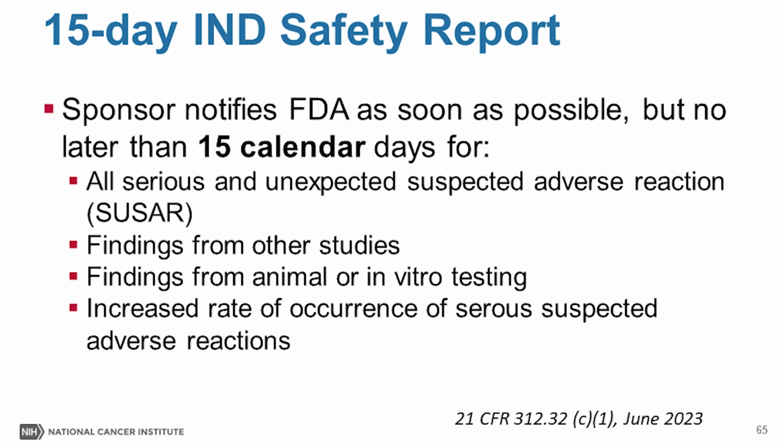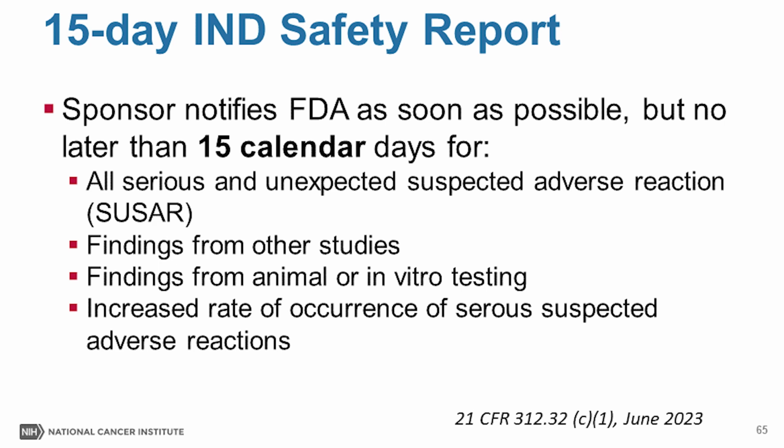The sponsor must notify the FDA and all participating investigators of any IND safety reports from a clinical trial or other sources as soon as possible, but no later than 15 calendar days after the sponsor determines that the information qualifies for reporting.